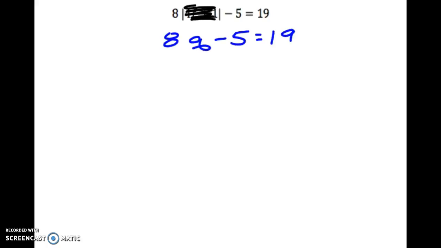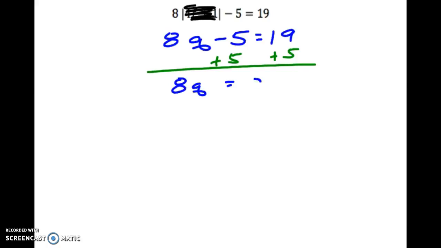At this point, we go through and do our normal steps. We would add 5. Divide by 8. Then we'd have q equals 3.